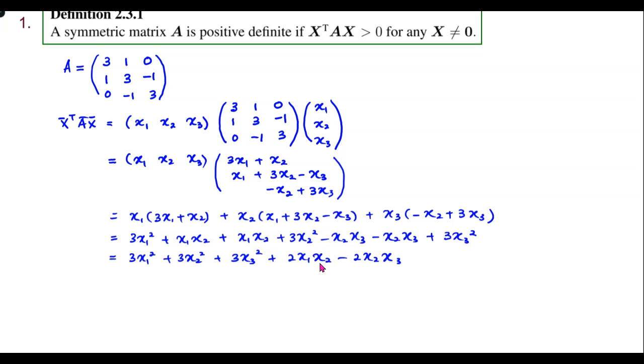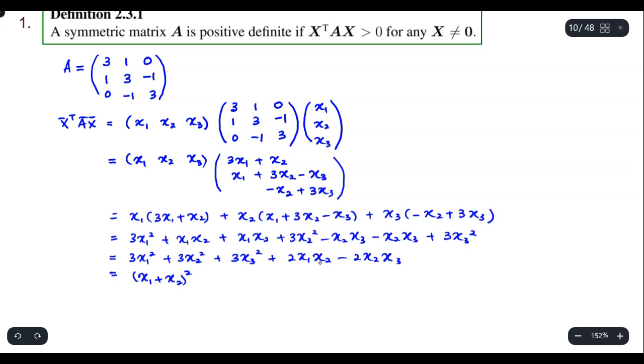The idea is to rewrite in a different form which is equivalent to the previous expression. We want x1 square and x2 square, and relate them with this one here. So we have (x1 + x2) square, which gives x1 square plus 2x1x2 plus x2 square.